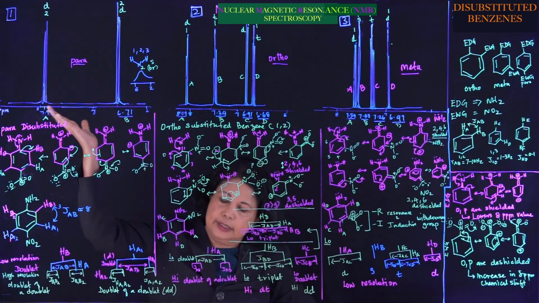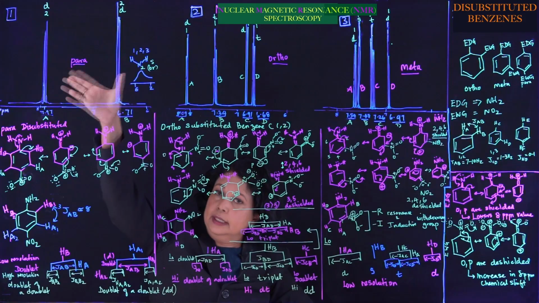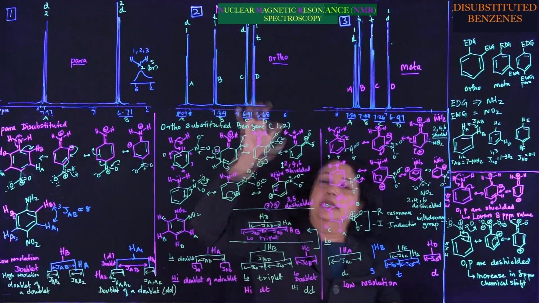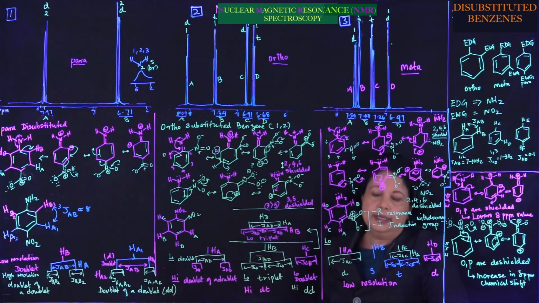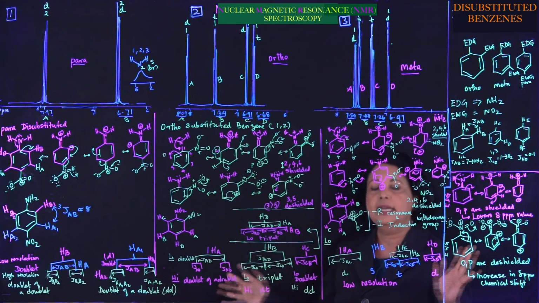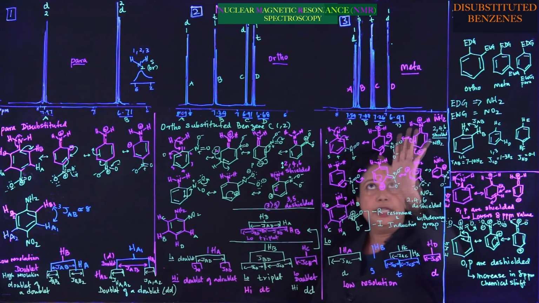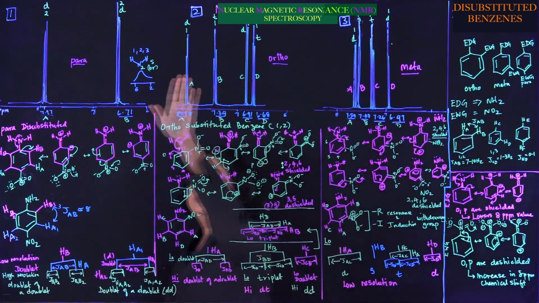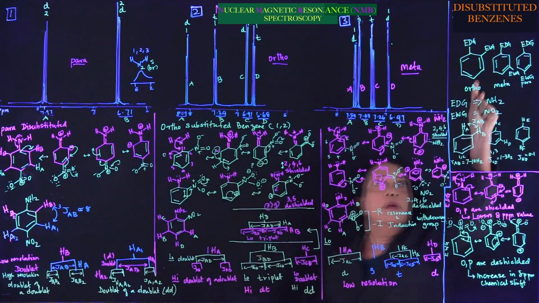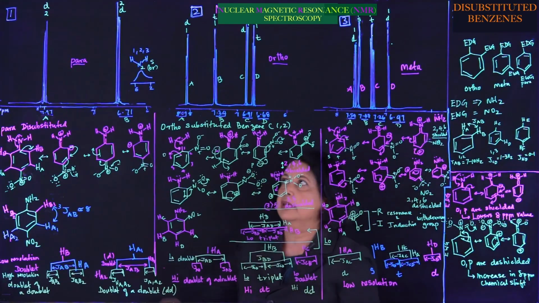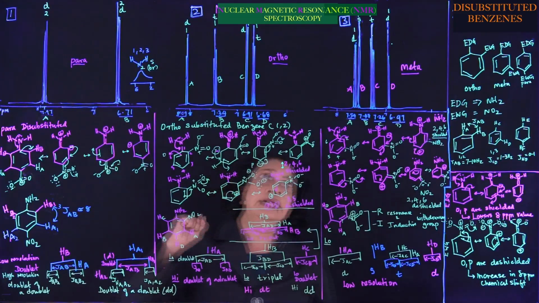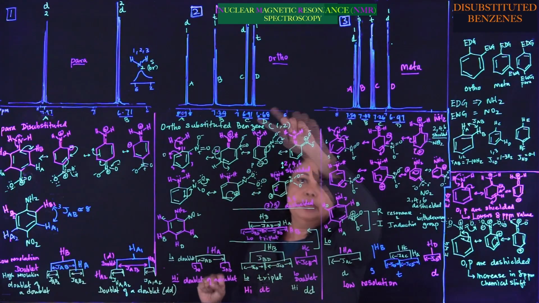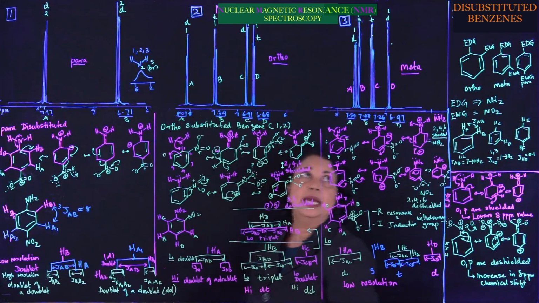Paras typically have doublets or doublet of a doublet, and this one is going to have a splitting pattern that corresponds to ortho. So in summary, I'd like to say that these splitting patterns are going to be the same for ortho, meta, and para substitution compounds. Para will always be a doublet of a doublet, and ortho and meta would have these complicated splitting patterns.